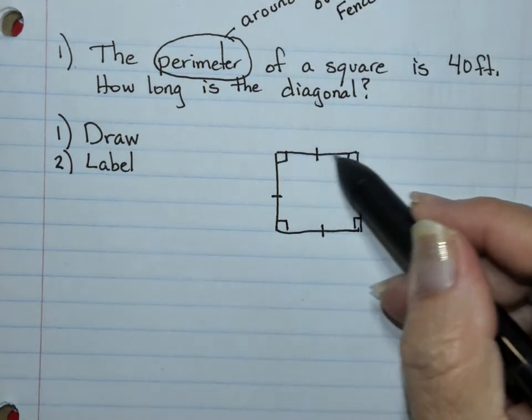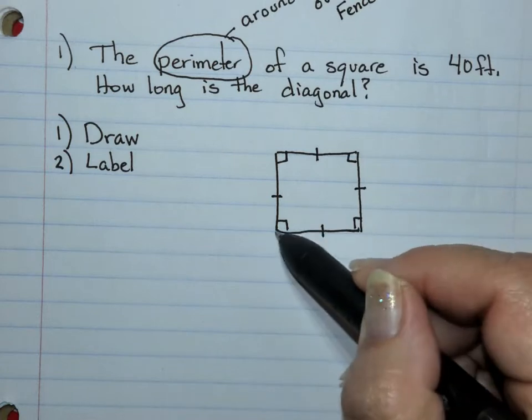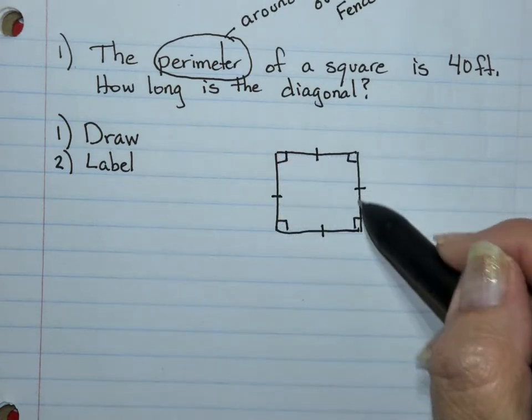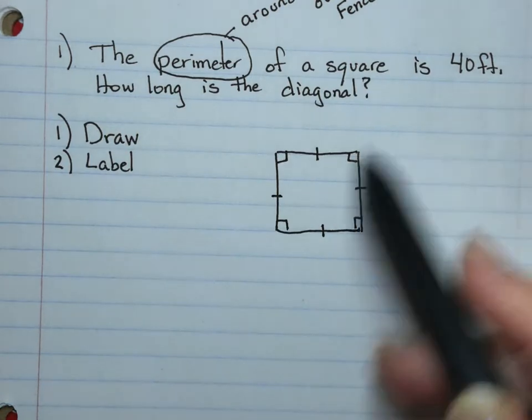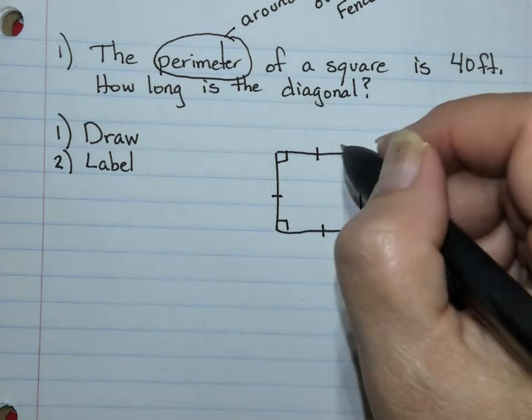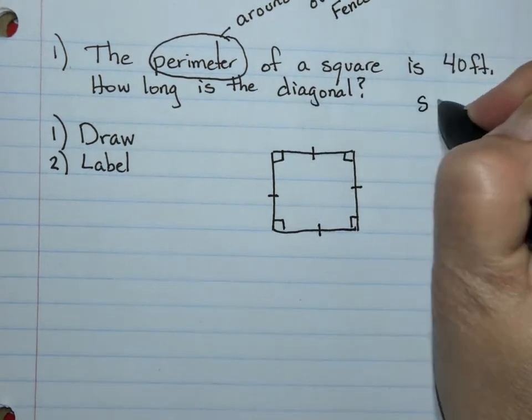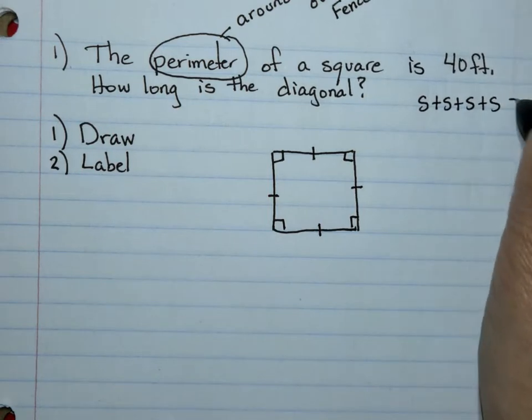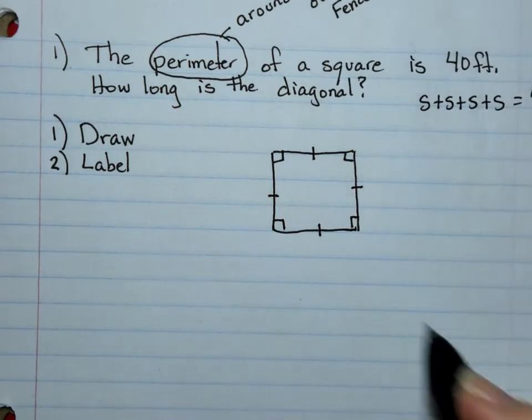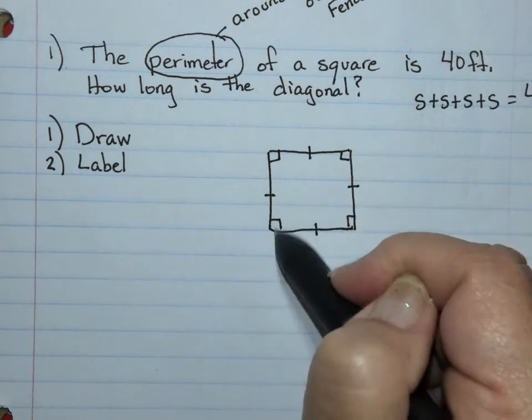It goes all the way around the outside of the shape. You have to go all the way around and build your fence so that your cows don't get loose. Right? So the perimeter is 40 feet. That means if I do one side plus another side plus another side plus another side, it equals 40. Right? All the way around.